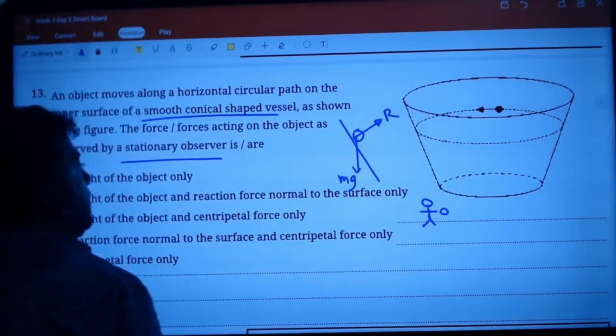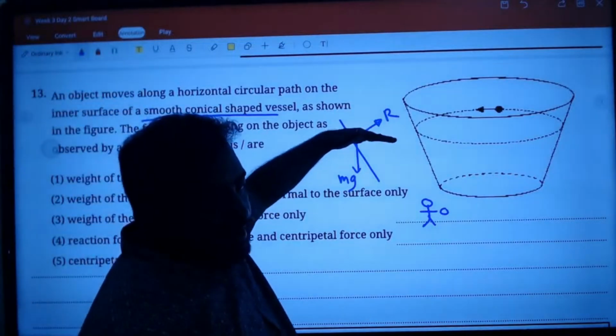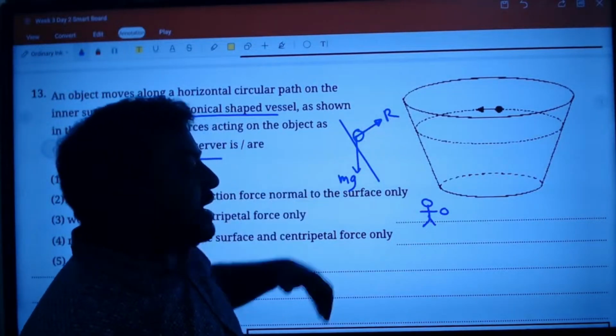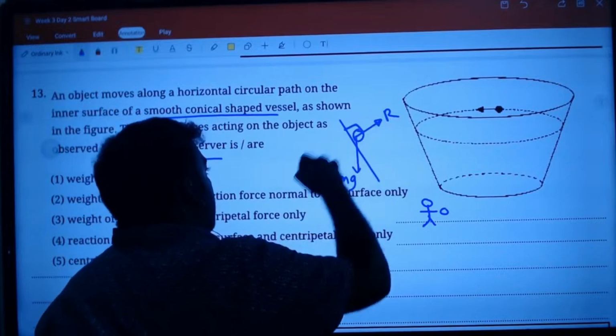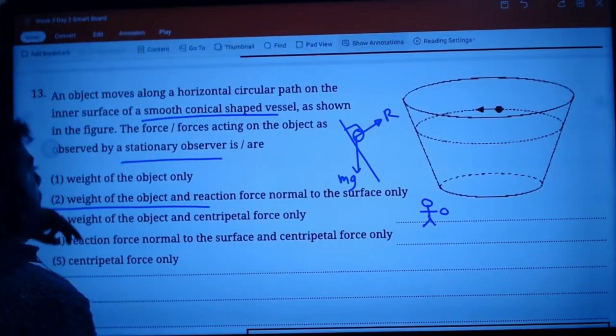What will he see? He will see normal reaction and weight. That's a different story. The component is giving centripetal force. But the forces you can see are normal reaction and weight. Weight of the object and the normal reaction force. Correct answer, answer number 2.